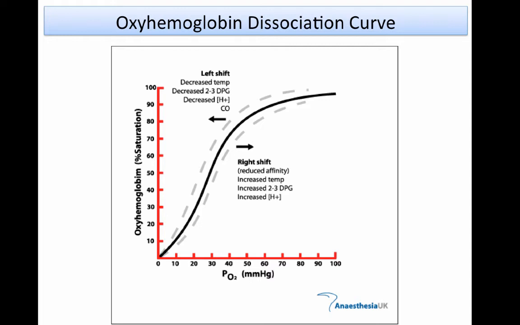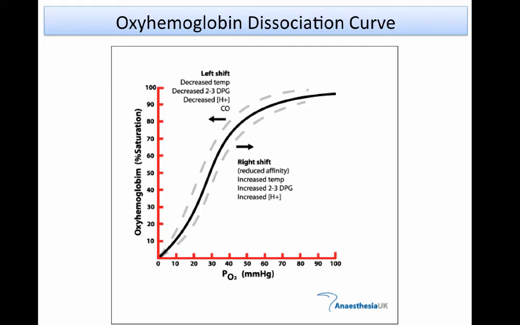One, the amount of oxygen that can be picked up in the lungs, and two, the ease at which the hemoglobin then gives up the oxygen when it reaches the tissues. So that's what this curve actually represents. It's very important to pay attention to the curve, because you're going to have patients that are shifted to the left and to the right, and you're going to be wondering why their O2 sats are what they are. And this is the curve that talks about that.